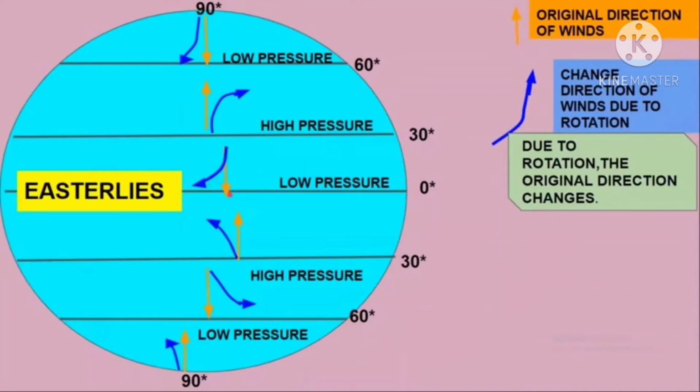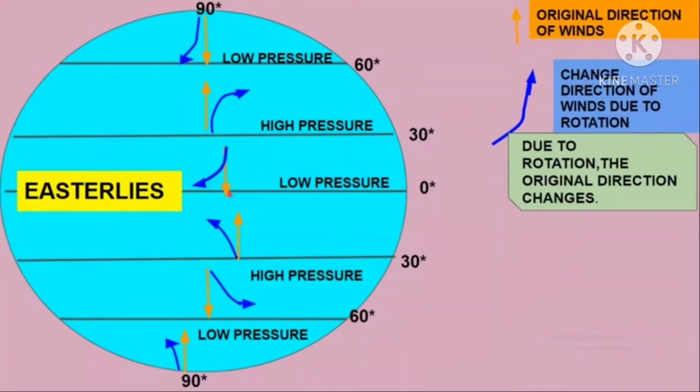These layers of atmosphere exert pressure on the earth. Now we have learned that the air pressure is not uniform across the earth's surface. Air moves from high pressure areas towards the low pressure areas.